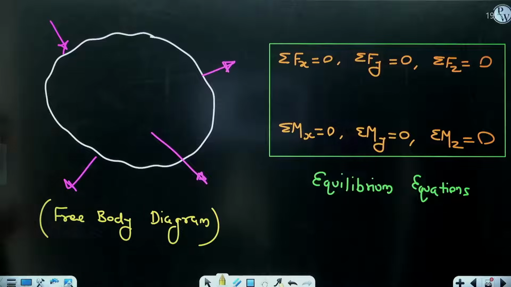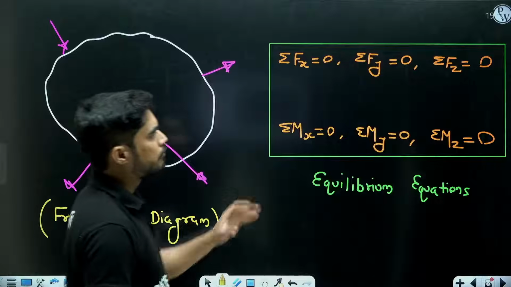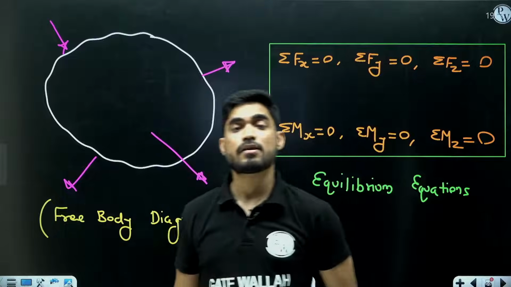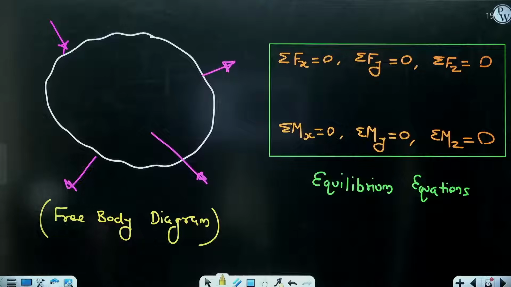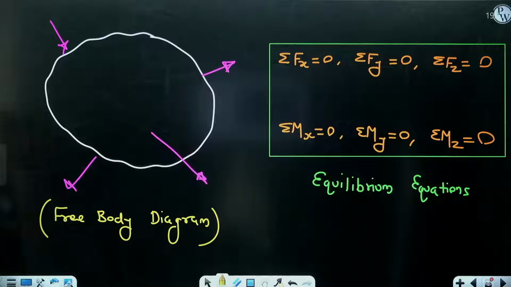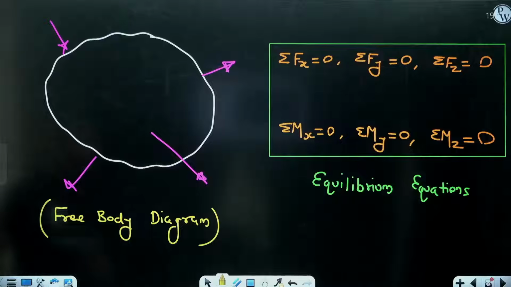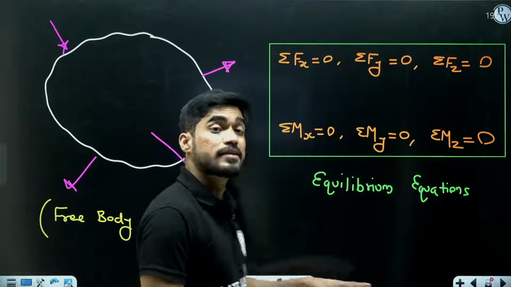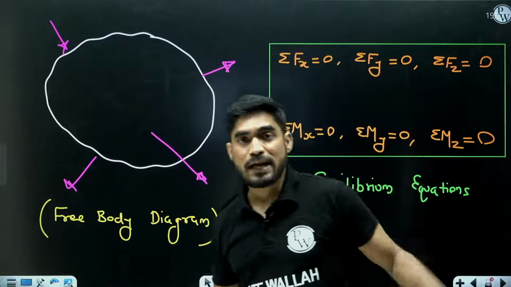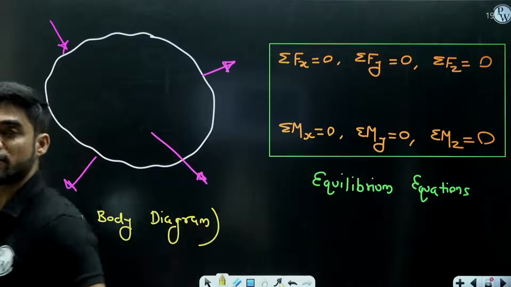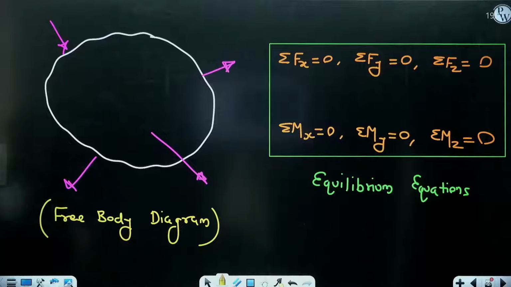Now here, how many equilibrium equations do we have? We have 6 equilibrium equations, right? So how many unknowns will we be able to calculate? We will be able to calculate 6 unknowns, since we can only apply these 6 equations.